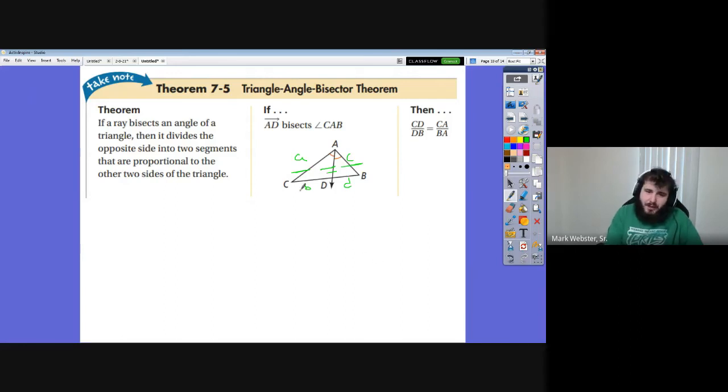They did bottom over bottom equals top over top. But look at the picture. It lends itself to that proportion of this over this equals this over this. Don't try and be extra if you don't have to. All right? Everybody good? Let's move forward.